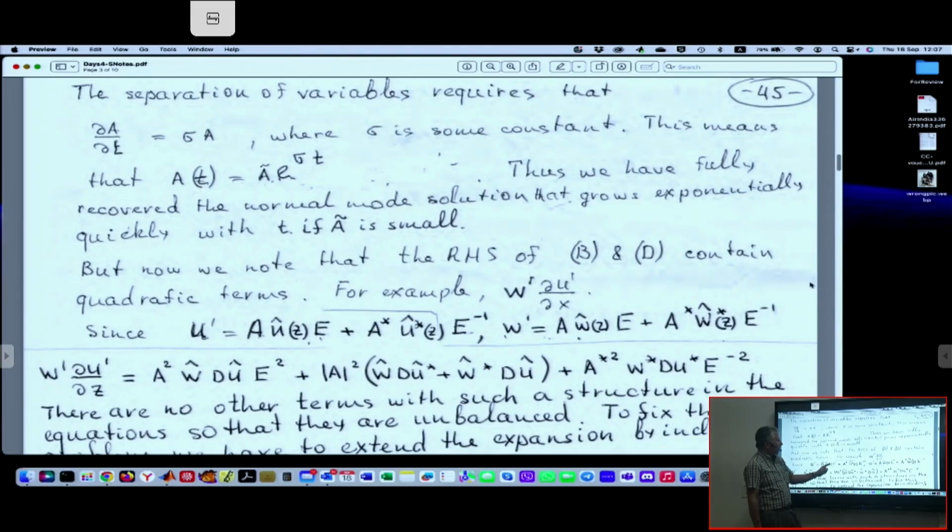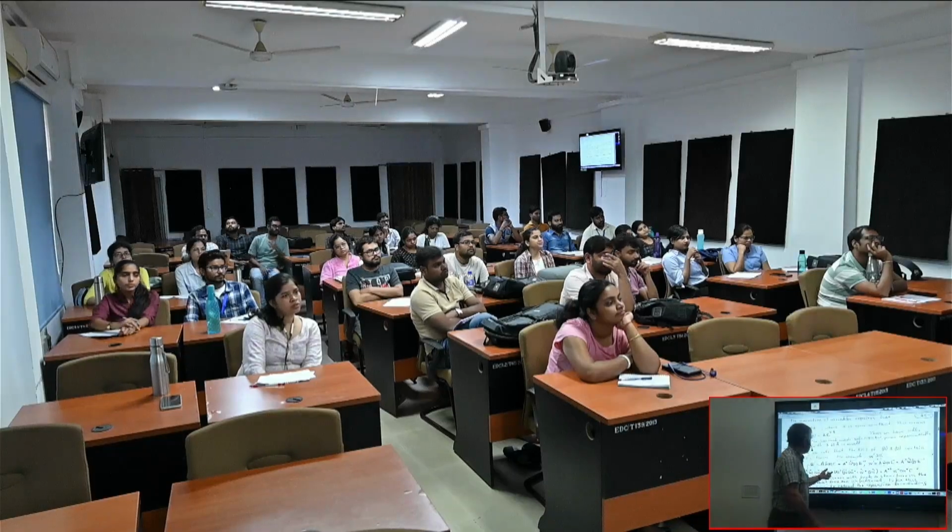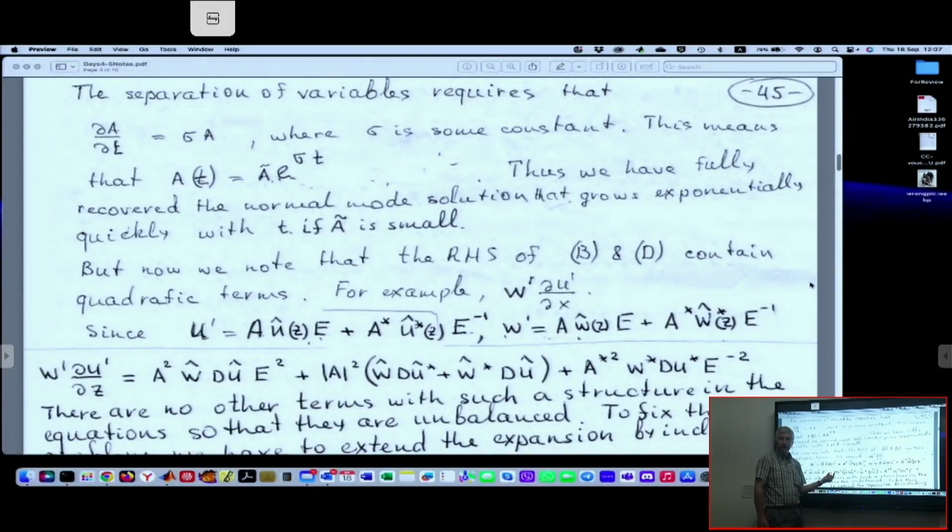And if you take A and multiply it by complex conjugate of A, what do you get? Magnitude of a complex number, right? So square of that. So that's this, and there will be 2 of such terms. And finally, if you take this and multiply by that, you will get that. Agree? So, bottom line is that what you have here is terms proportional to A squared, to A conjugate squared, and to magnitude of A squared. 3 groups of terms. Agree?